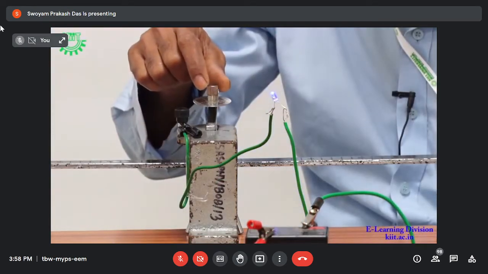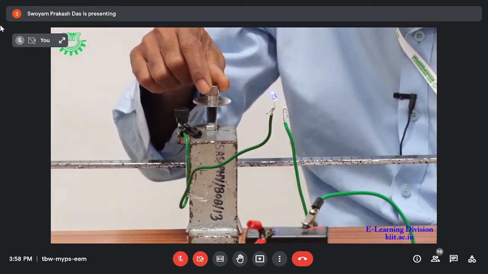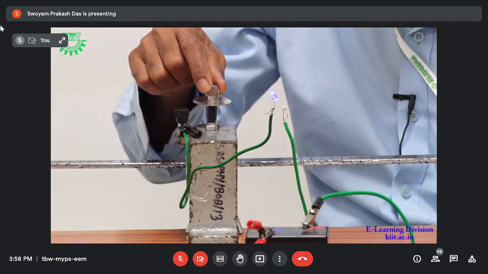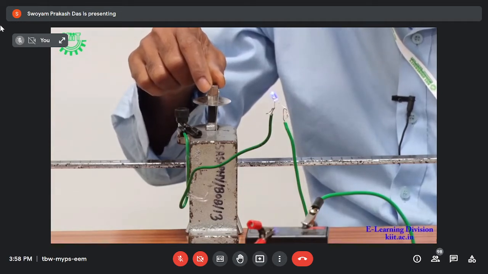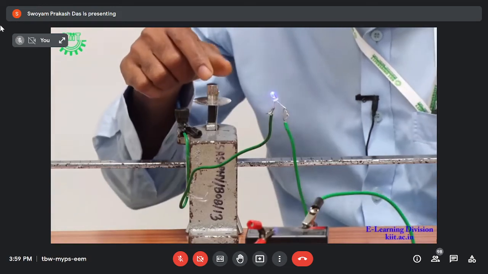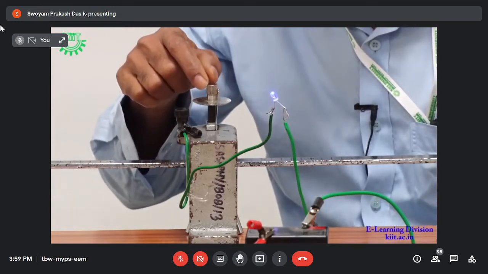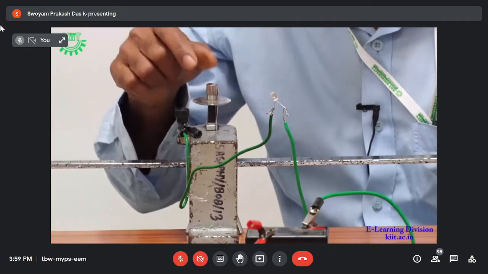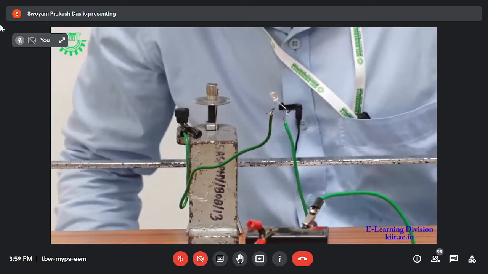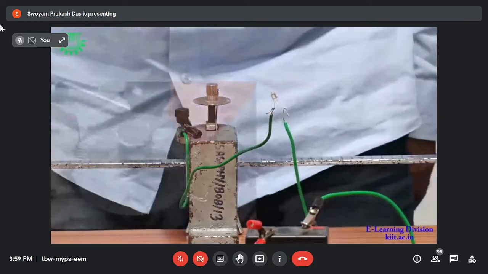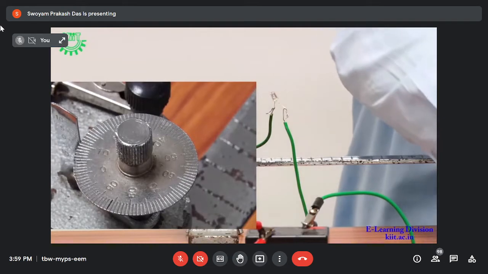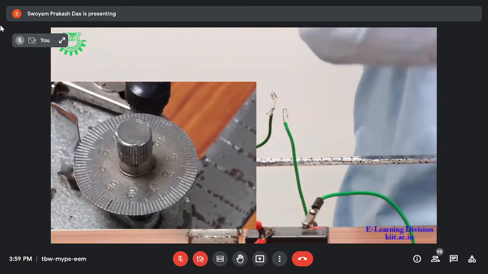So rotate it, and I have to watch whether 31 crosses or not. 31 has not crossed. Yes, bulb is now off, and the reading is 11. So final reading is 11 without any rotation.